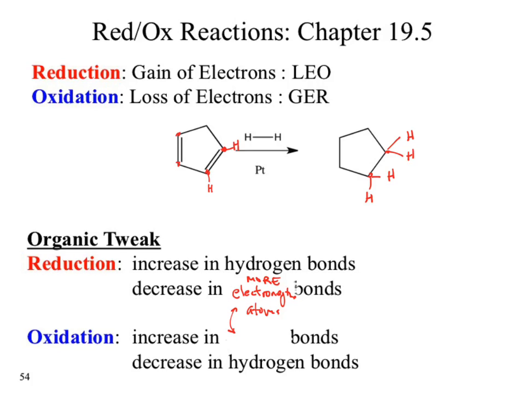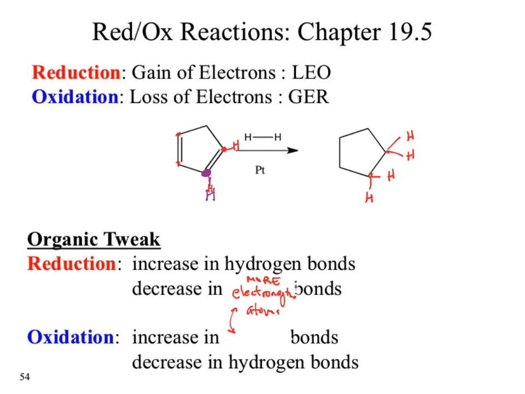Let's take a look at that lower right-hand carbon. Okay, let's call it carbon purple. Yes, it increased the number of hydrogen bonds, but I said we can't look at hydrogen. What's the more electronegative atom? In particular, since this is a reduction, I know it's a decrease in the more electronegative atom. What more electronegative atom did I get rid of?